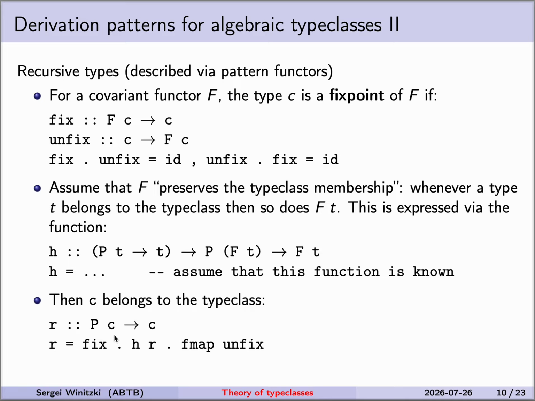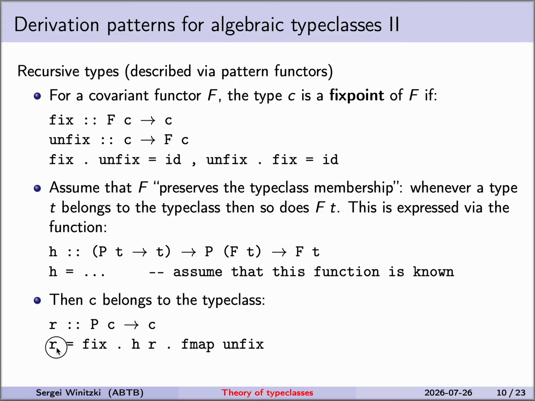by first taking fmap unfix. So fmap inside of P, we unfix, which means we transform C to FC. So that means we, instead of PC, will have PFC, P of FC. Then we apply to that the HR. So R is again the same function.